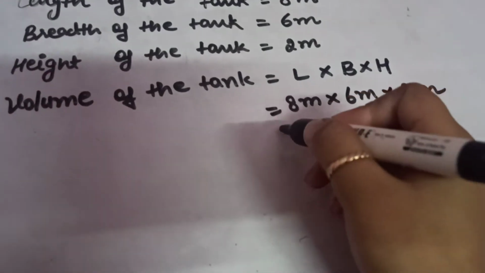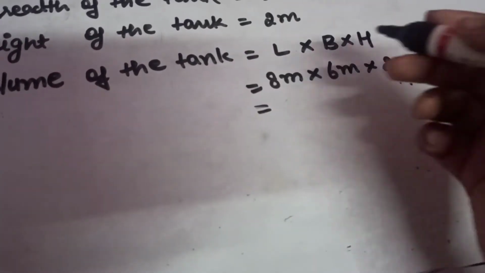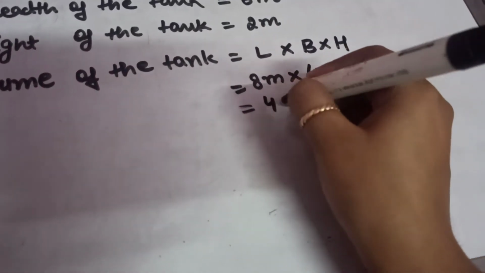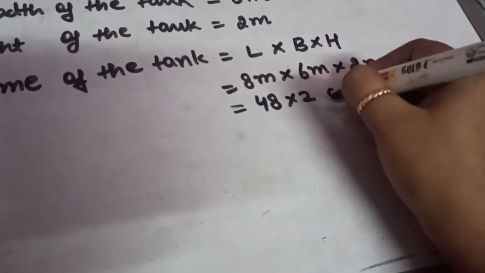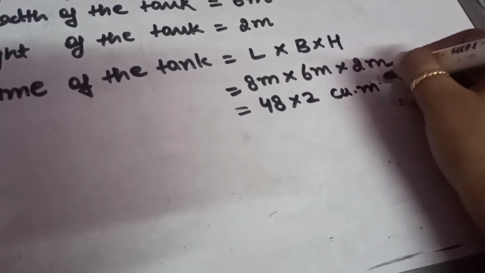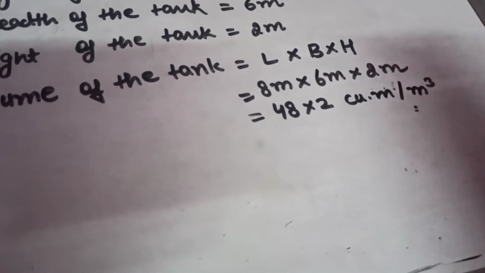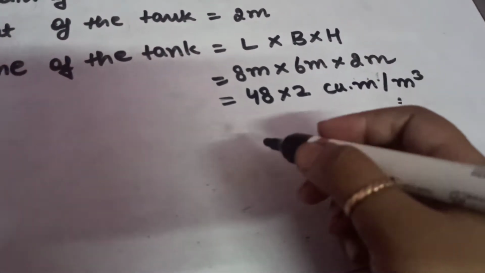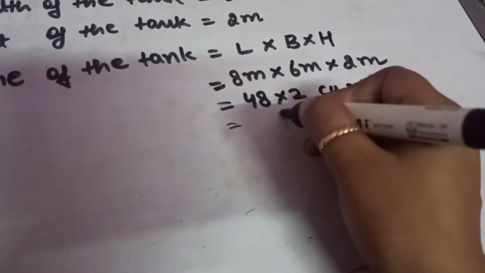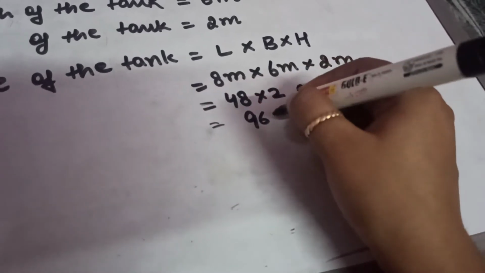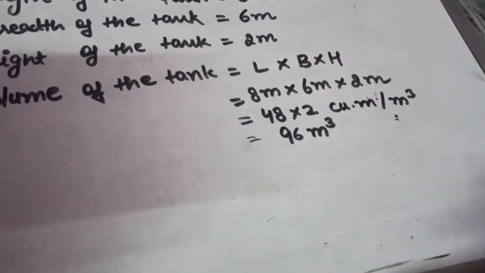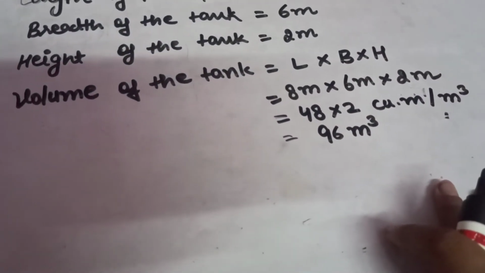Now multiply 8 6s are 48, multiply with 2. Unit, either you will write like this or like this. So again multiply, 2 8s are 16, 1 goes carry, 2 4s are 8 and 1 is 9. 96 meter cube, right?